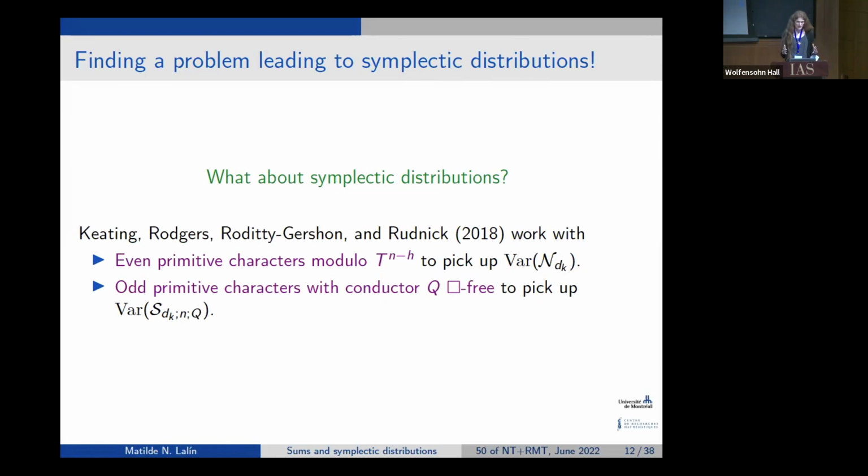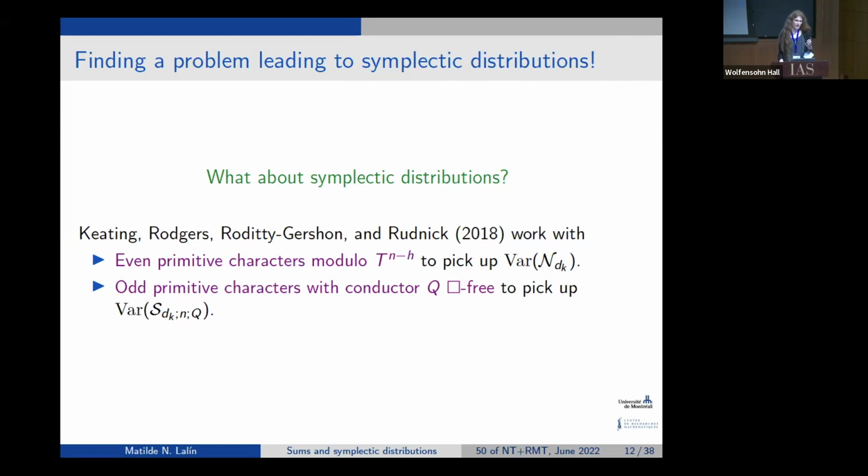You get a sum, and then you get the final result with the integral by applying some equidistribution theorem by Katz. And so to pick up the variance in the case where we have short intervals, they work with even primitive characters. To pick up the variance in arithmetic progressions, they work with all primitive characters.